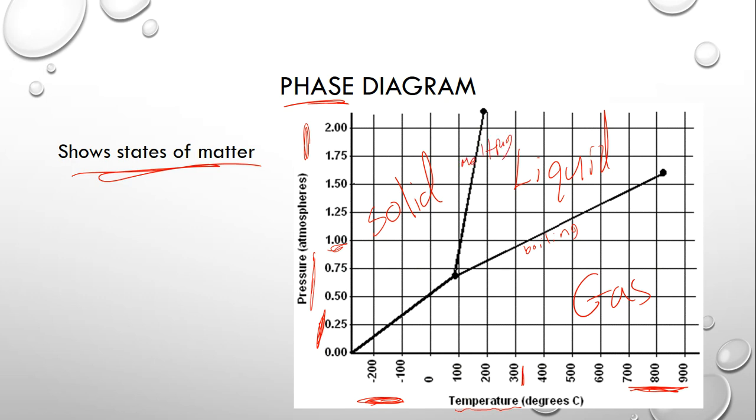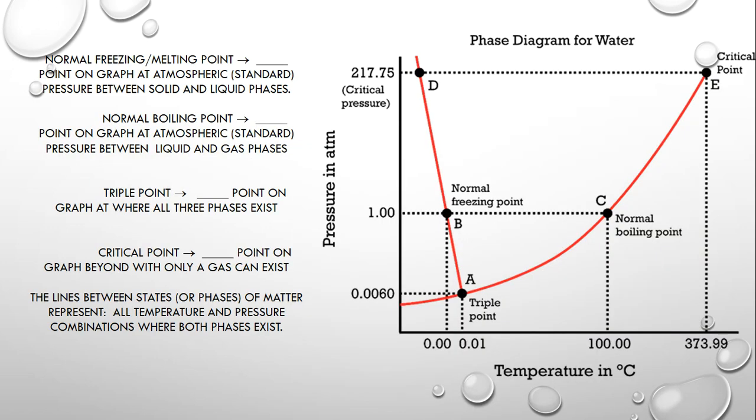And then we took that a step further. I think I started showing you water. We talked about how, if this is the normal boiling point at 1 atmosphere pressure, then if we reduce the pressure to say here, theoretically water would boil at a lower temperature, right? Lower than 100 would be somewhere here.